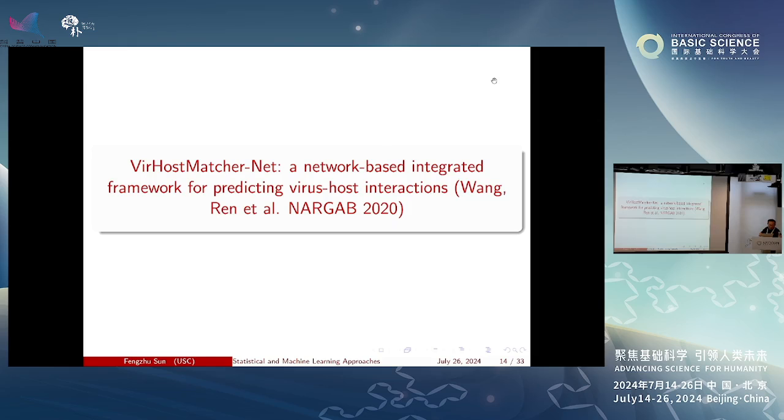Another important thing is the so-called phage therapy. So what is phage therapy? Phage therapy is trying to use phages to kill some pathogens. The usual application for that is antibiotics.